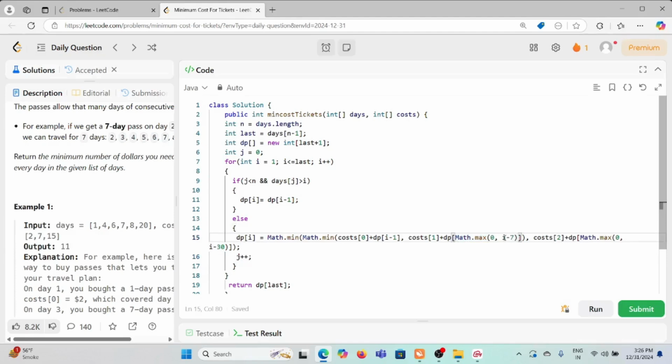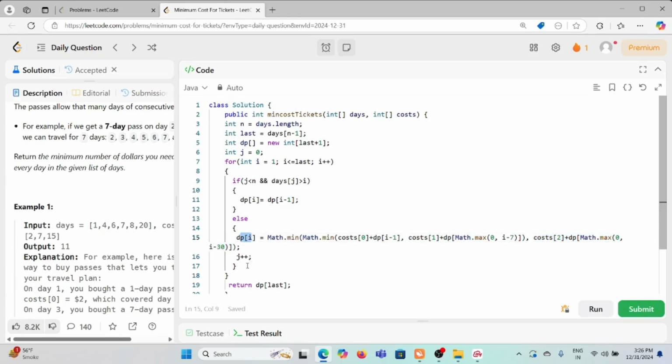Let's say i equal to 4. Then 4 minus 7 would be minus 3, but our array starts from 0. That is why we are using this max, so that we always get a non-negative index. So we are checking all the possibilities, the daily pass, the weekly pass or the monthly pass, and filling in dp[i].